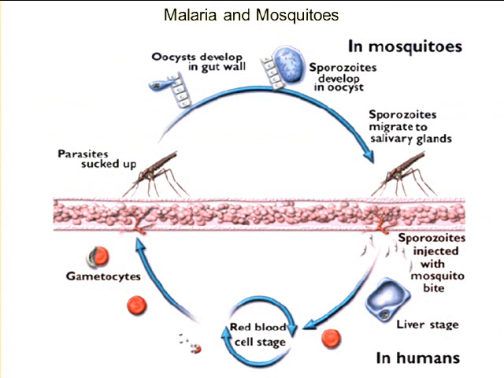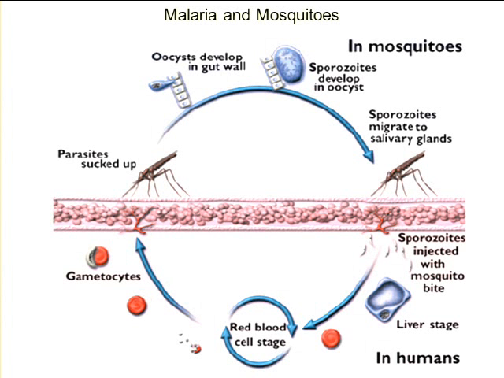Essentially what happens is the parasite, the Plasmodium parasite, will be sucked up into the female Anopheles mosquito. Now why the female? Because the female is the one that goes out in search of blood. Okay, the males don't feed off of human blood. Like I said, they don't live much longer after they mate.